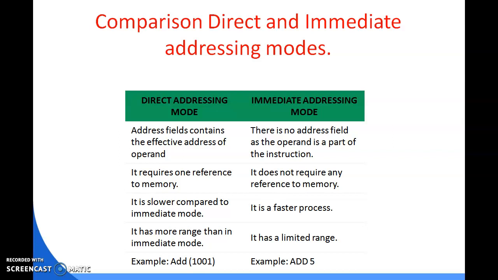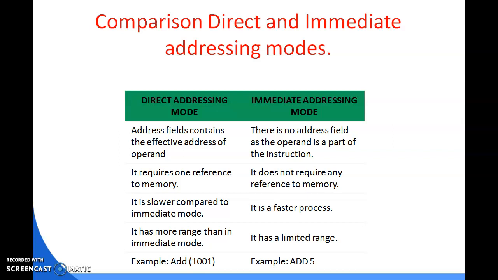Next, direct addressing requires one reference to memory, but immediate addressing mode does not require any reference to memory. There is no reference address because the data is stored within the same location where the instruction is stored. Direct addressing mode is slower compared to immediate mode, definitely, because though the data is stored in one location, you have to use the effective address to access that data. So it is a slow process.